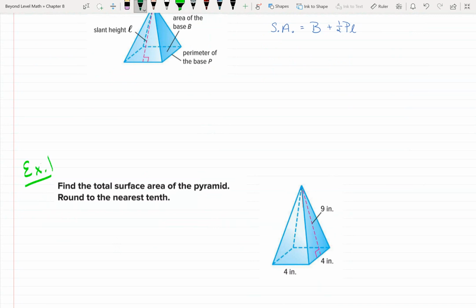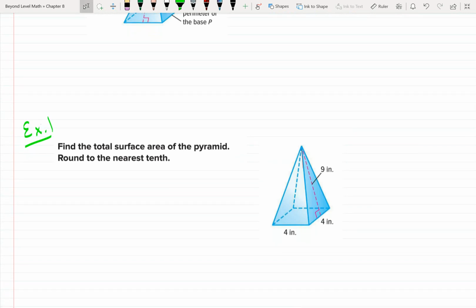Example 1. Okay, so find the total surface area of the pyramid and round to the nearest tenth. So our very first step is to write our original basic formula. To find the surface area of a pyramid, we add the area of the base to the lateral surface area. Now, in this case, this is a square pyramid.